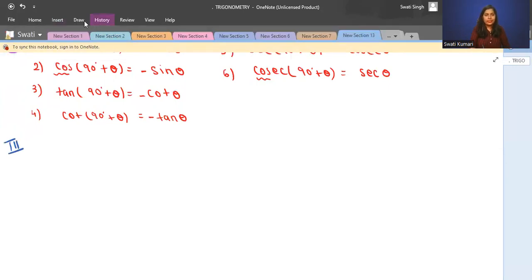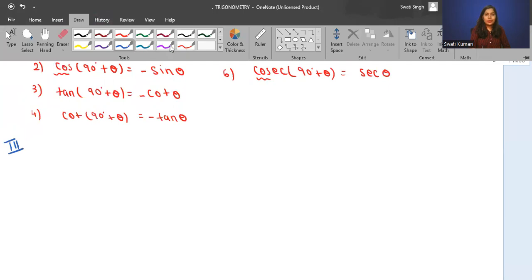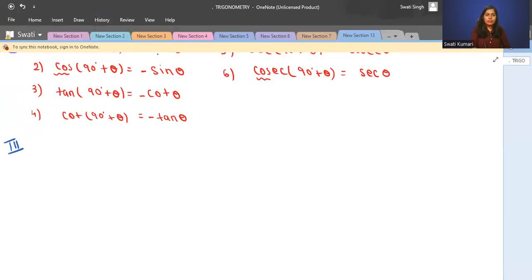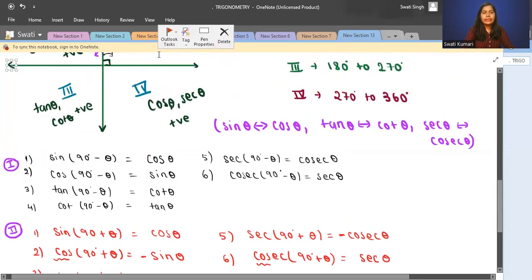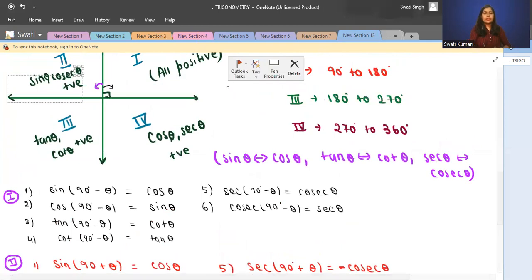So let's start with the first one: what is sine of 180 degree minus theta? Let us first decide, when we are doing 180 degree minus theta, which quadrant we are going to. As you can see here, this is basically 180 degree, and 180 degree minus theta means you are in the second quadrant.